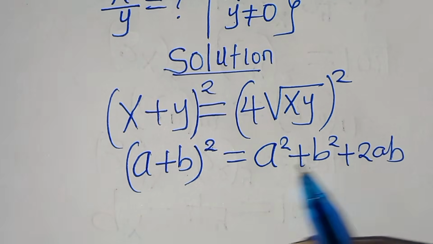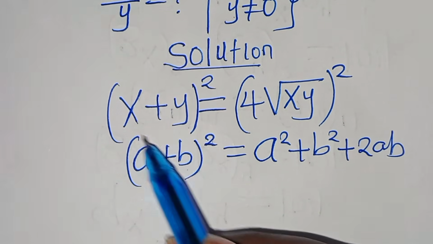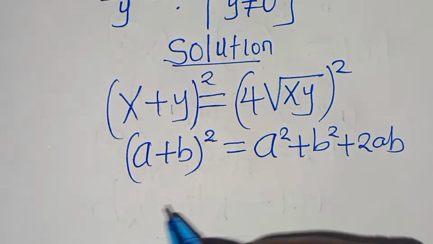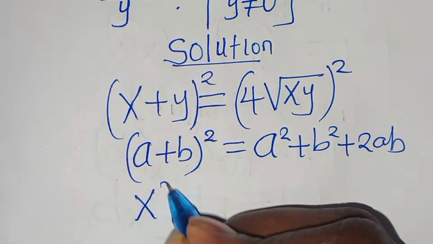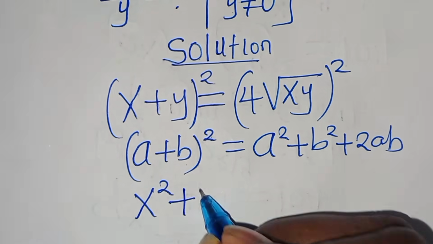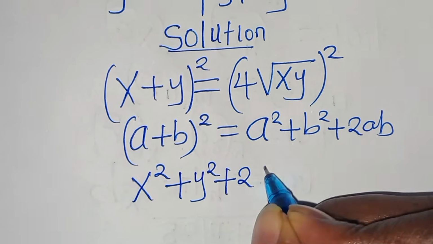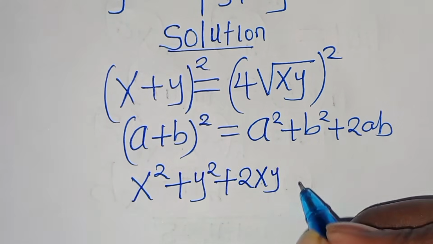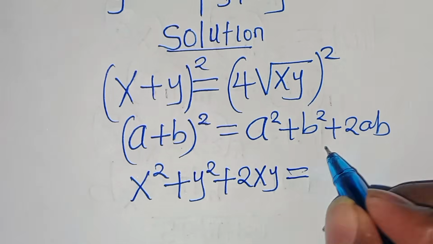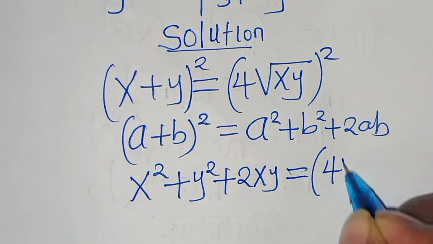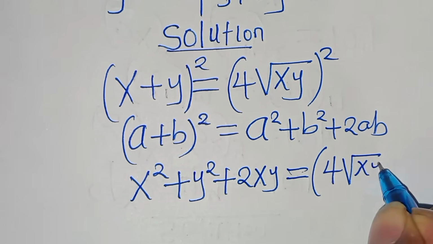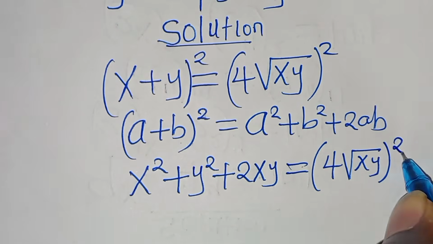Applying this algebraic identity, then (x plus y) to the power of 2 becomes x squared plus y squared, then plus 2xy. This is equal to 4 square root of xy raised to the power of 2.